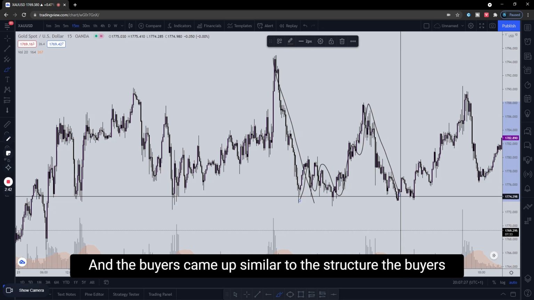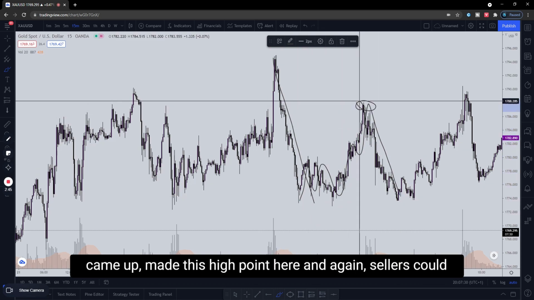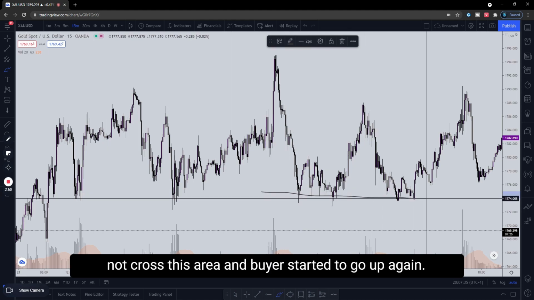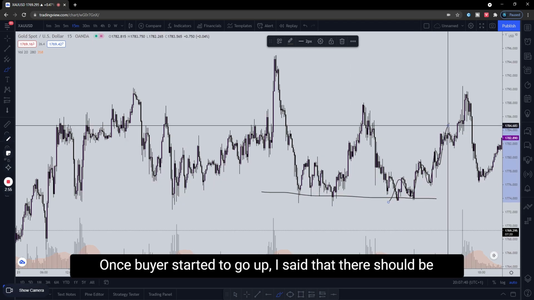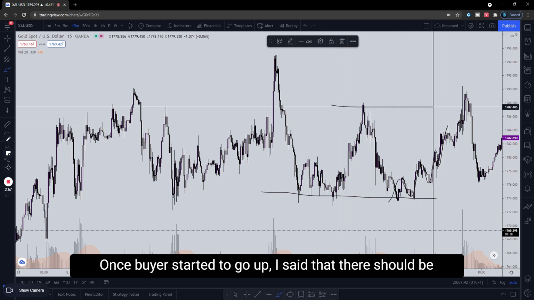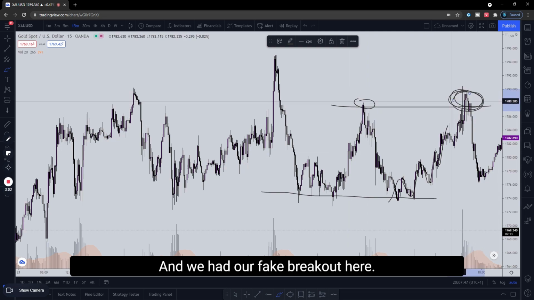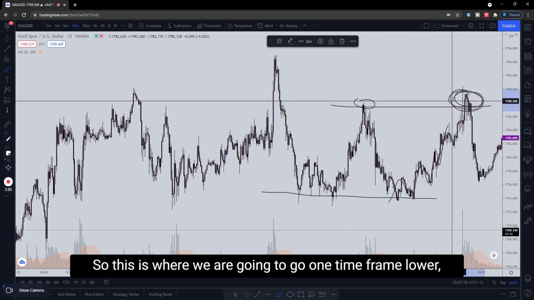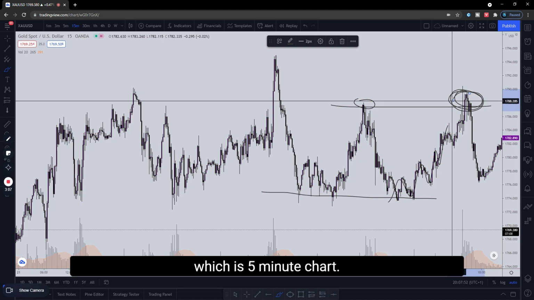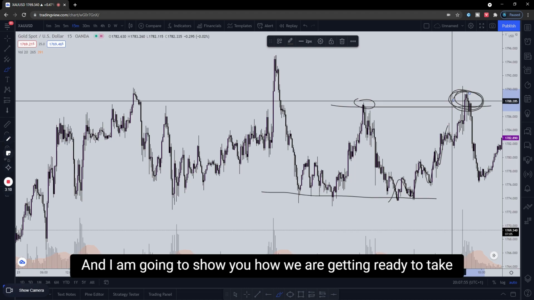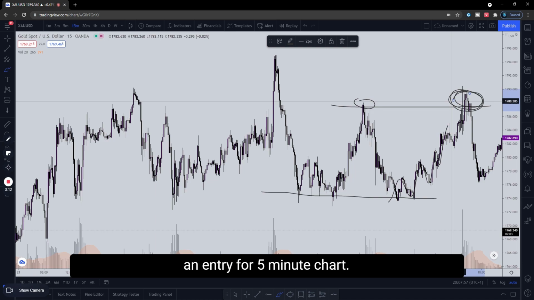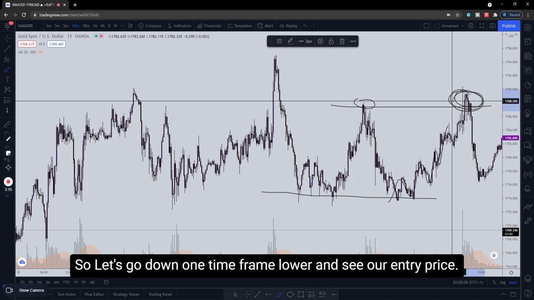Similar to the structure, the buyers came up, made this high point here, and again sellers could not cross this area and buyers started to go up again. Once buyers started to go up, I said that there should be a fake breakout here, and we had our fake breakout here. So this is where we are going to go one time frame lower, which is the 5-minute chart, and I'm going to show you how we are getting ready to take an entry on the 5-minute chart. So let's go down one time frame lower and see our entry price.